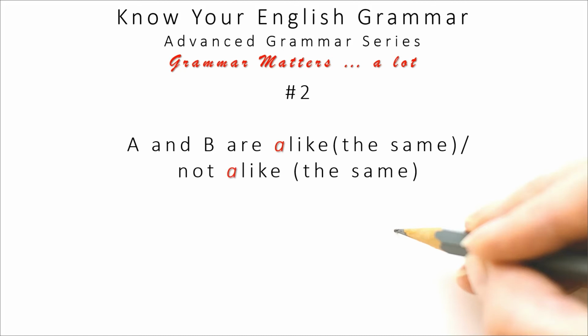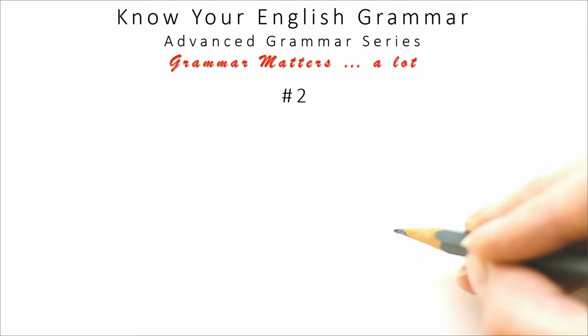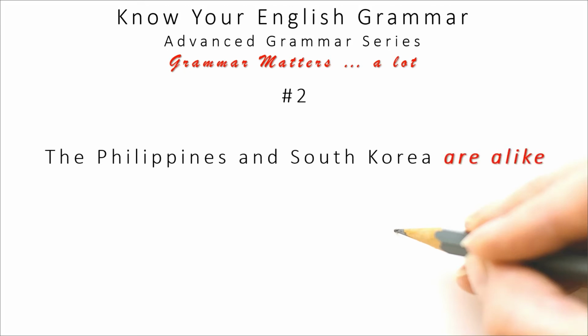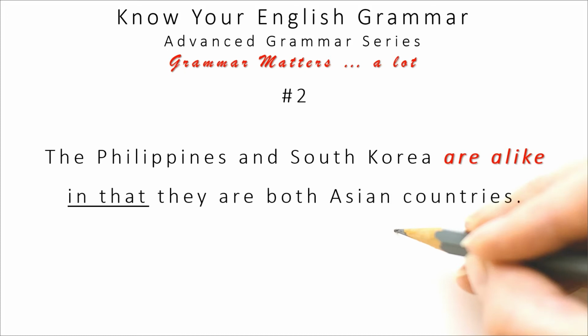You can also say A and B are alike or not alike, in that, and your reason. Let's read the sample sentences now. The Philippines and South Korea are alike in that they are both Asian countries. However, they are not alike in the speed of their development.